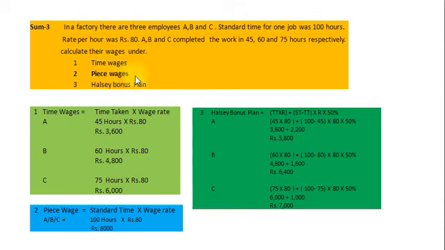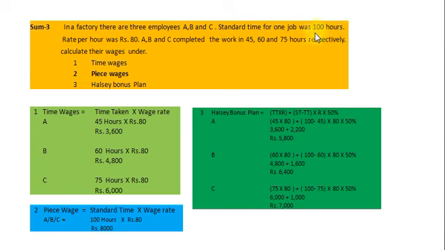Now piece wage system. Dear students, in piece wage system, laborers get wages on their actual production done. But in this particular example, we are not given information of actual production. So in that case, a guaranteed standard time wages will be paid to the laborers. And here our standard time for completing job is 100 hours.